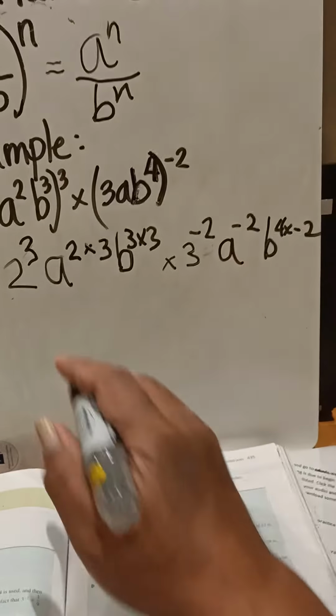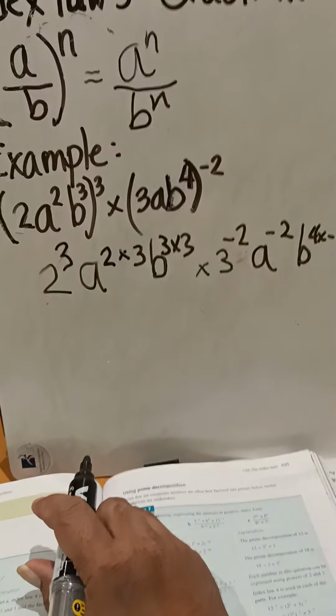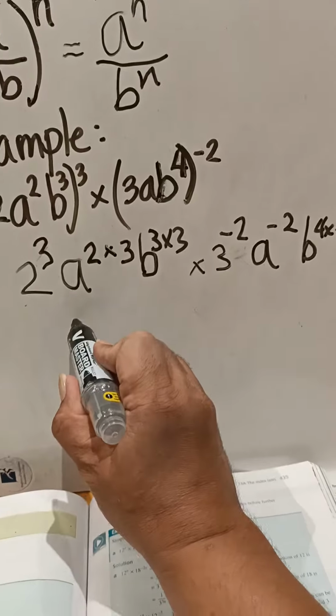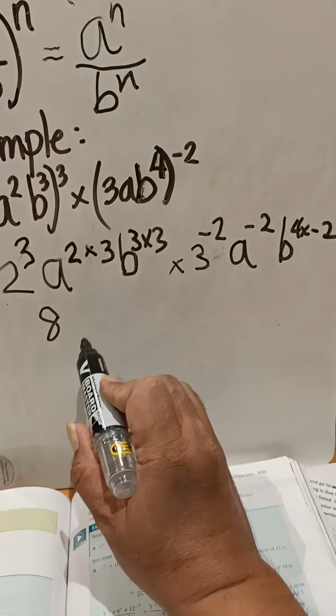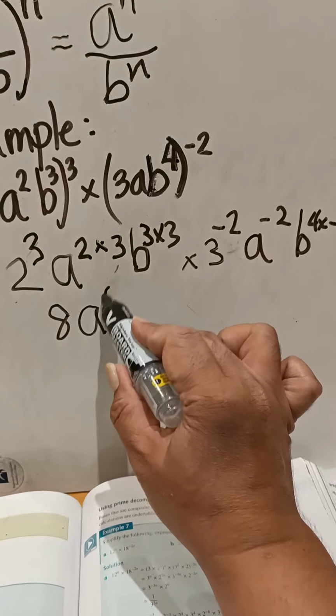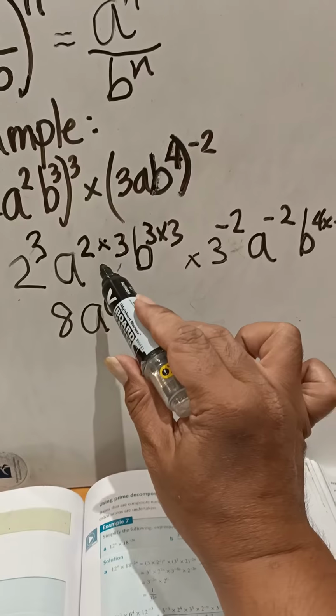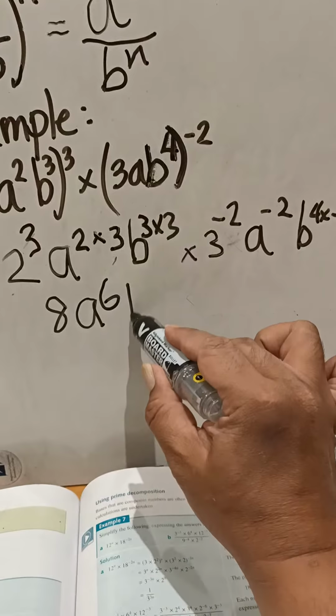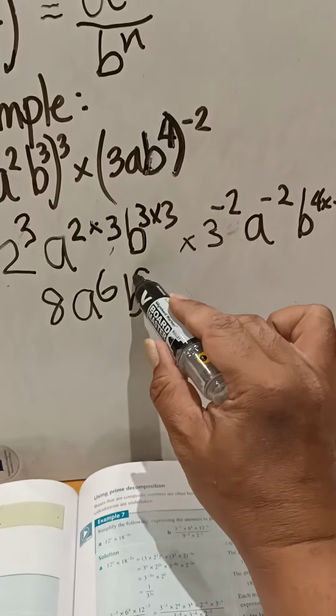Okay, let's simplify it. So 2 to the power of 3 is 2 times 2 times 2, which is 8. A squared times 3 is a raised to the power of 6 for this one. For b, that will be b raised to the power of 3 times 3 is 9.